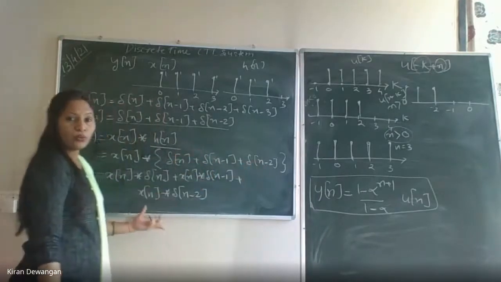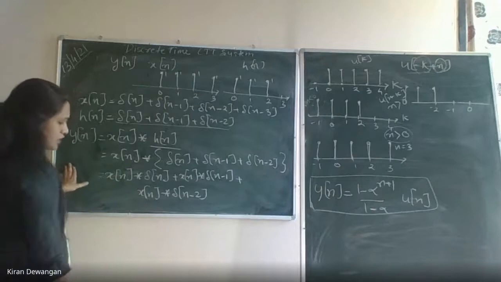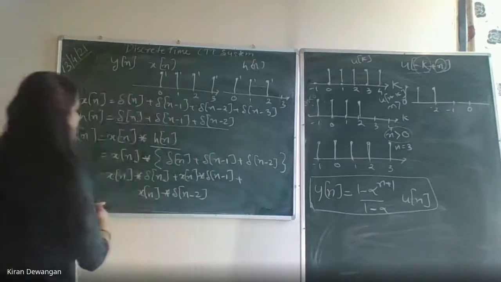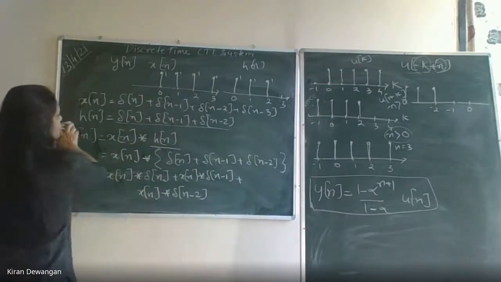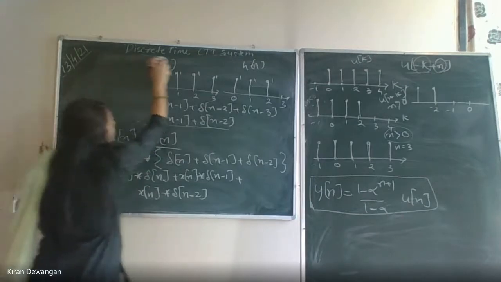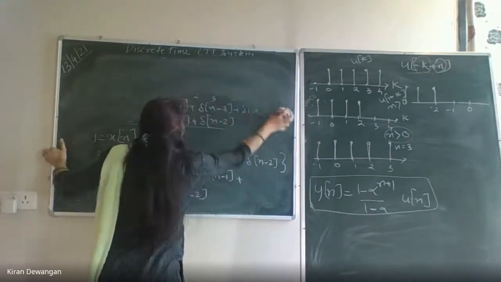So that is how we'll take the entire convolution. Now after this we'll just apply the property. उसके बाद हम सिर्फ इसकी property apply करेंगे and we'll see what we'll get as a result.